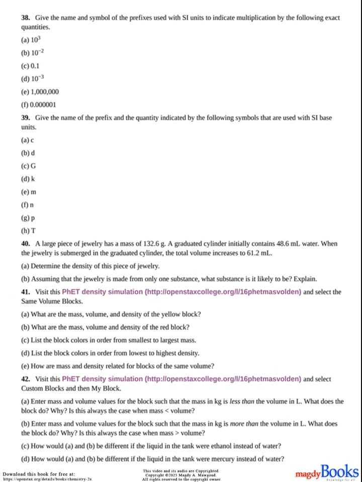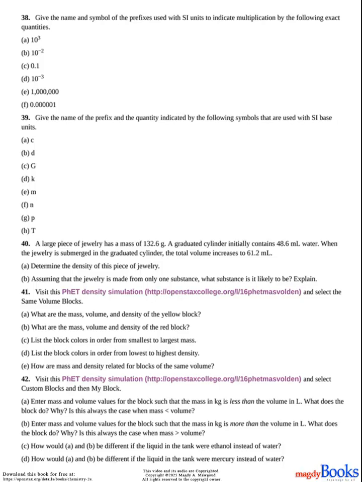38. Give the name and symbol of the prefixes used with SI units to indicate multiplication by the following exact quantities. A. 10 to the power of 3. B. 10 to the power of -2. C. 0.1. D. 10 to the power of -3. E. 1 million. F. 0.000001. 39.